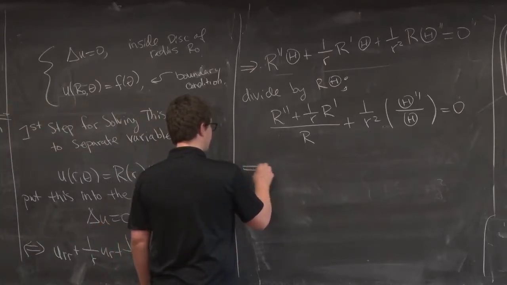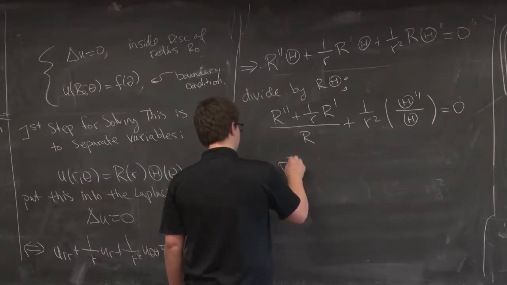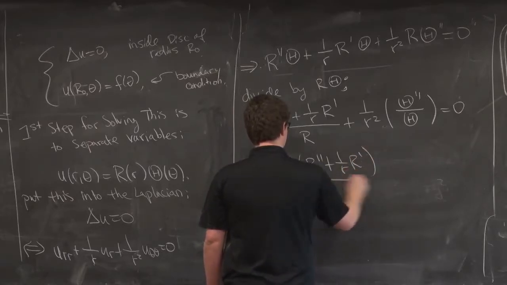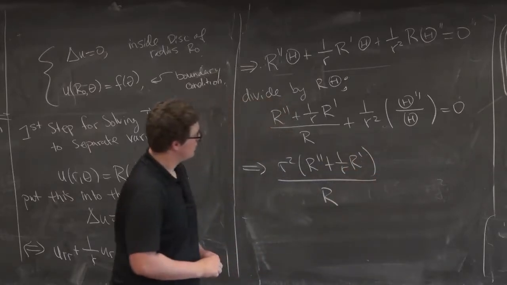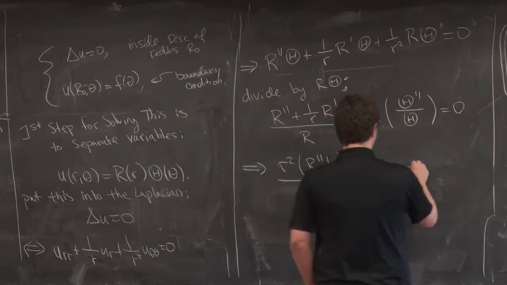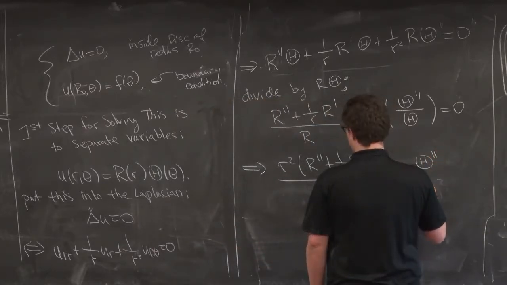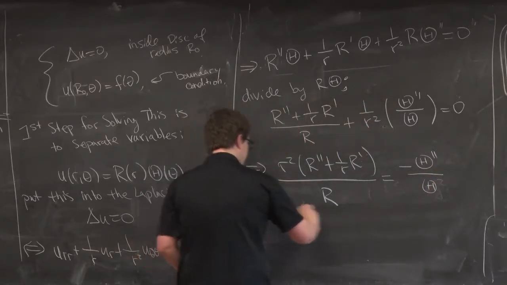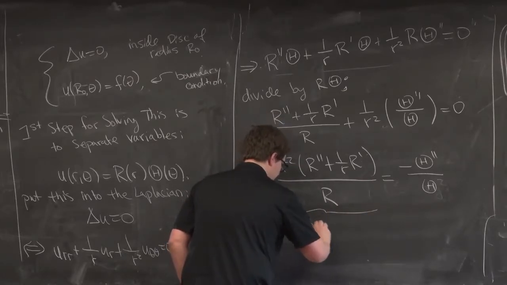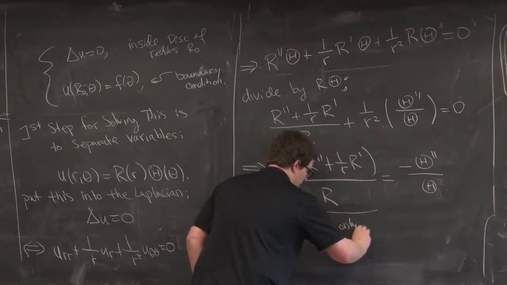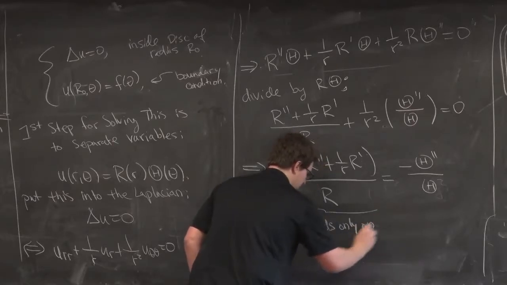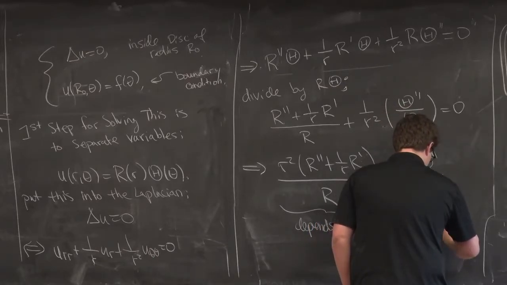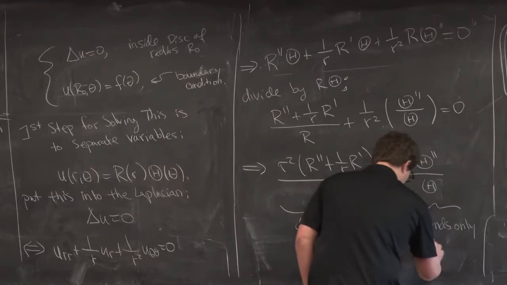And so this equation tells us that r squared times (R'' plus 1 over r R') divided by R is equal to negative Theta'' over Theta. So this term here depends only on r, on little r. And this thing here depends only on little theta.